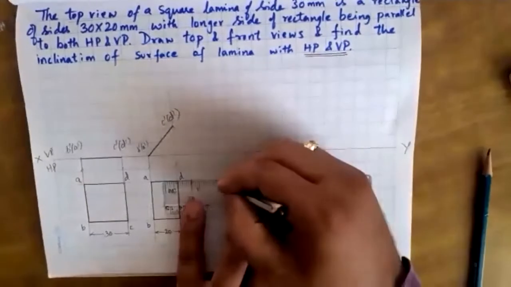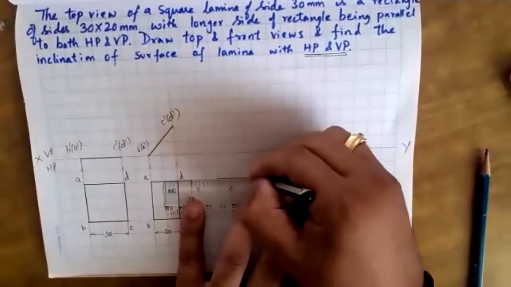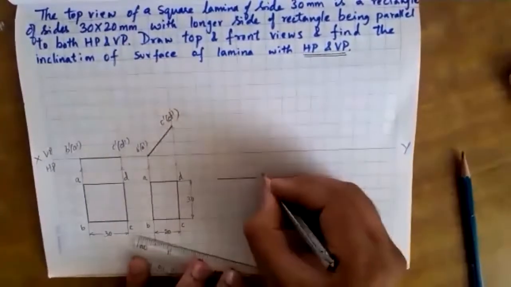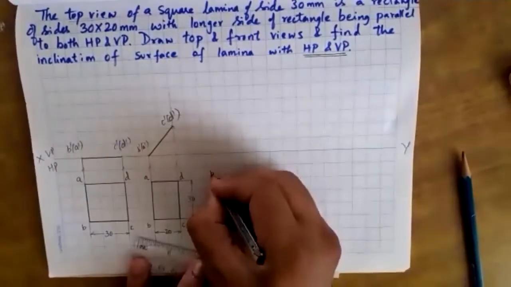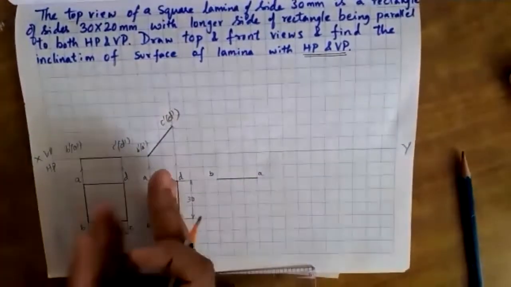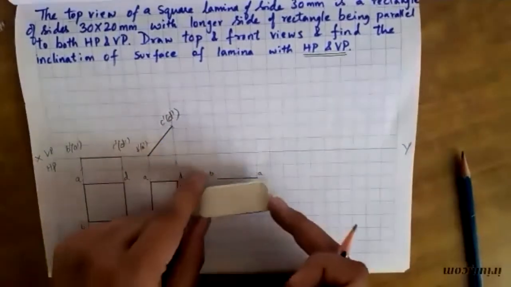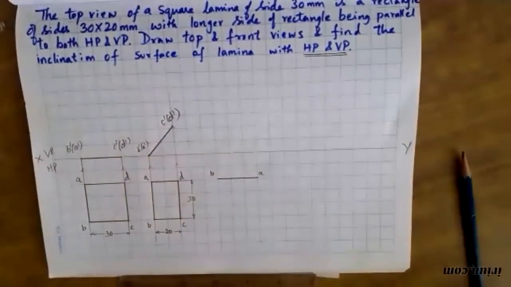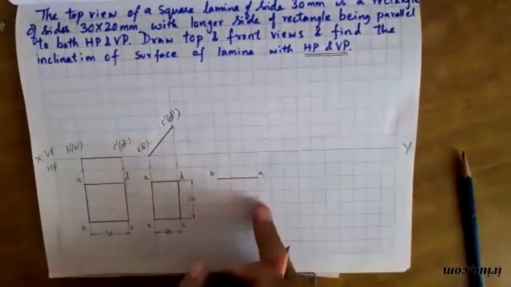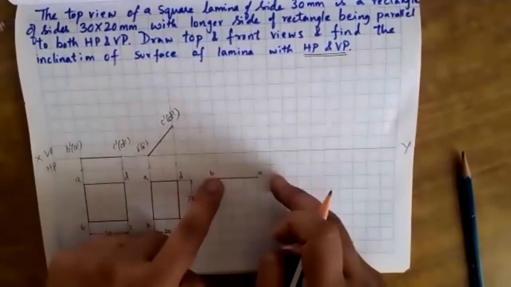This is AB, and AB is 30 mm, 3 boxes. This is A and this is B. Imagine you are simply rotating this rectangle like this. I am shifting it and rotating it. Shift the same rectangle to the new position, so A will come here and B will come here.